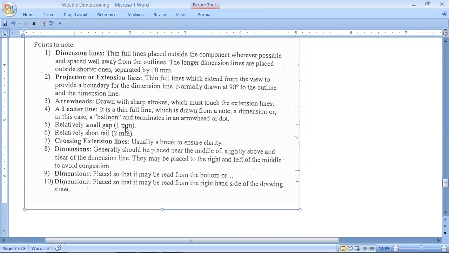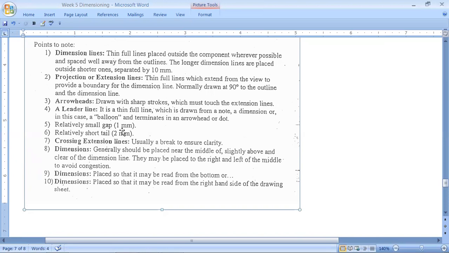Leave a little gap; do not touch the drawing with the projection line. Number 6, the tail: approximately 2 millimeters, the same 1.5 to 2 millimeters from the dimension line to the top of the projection line.